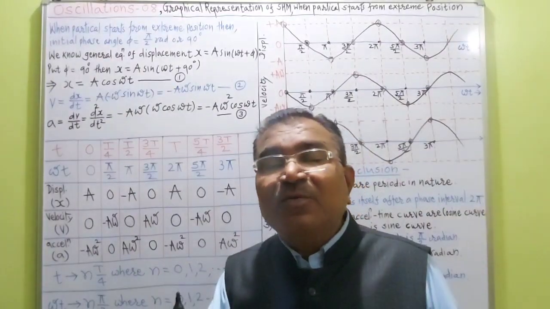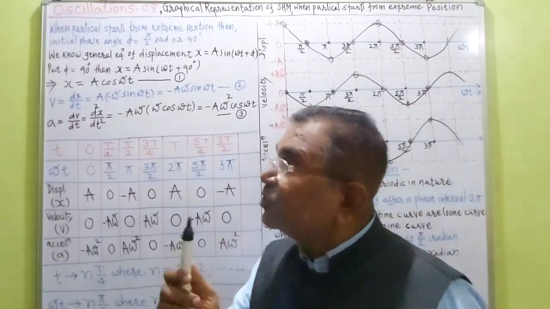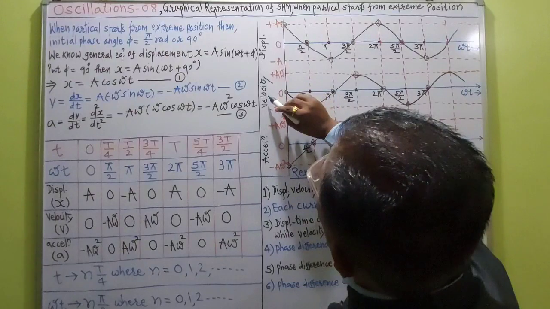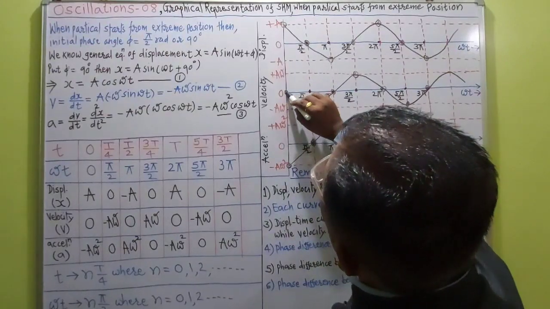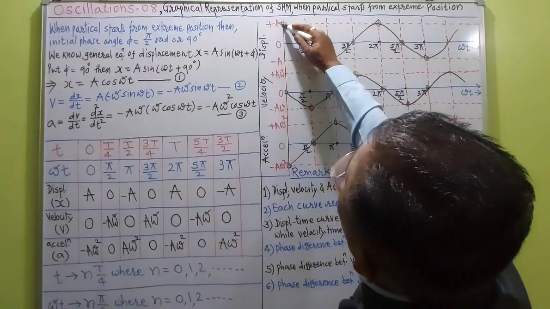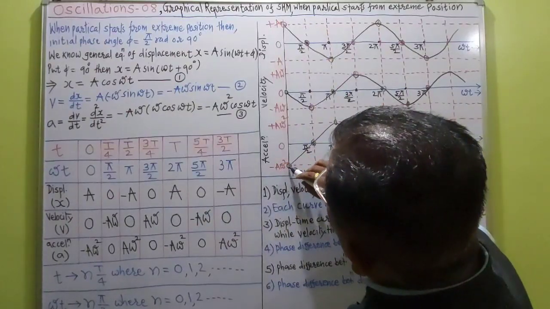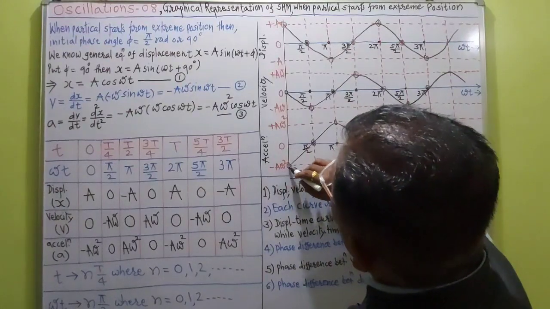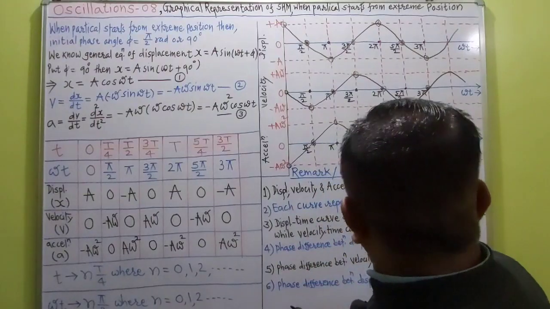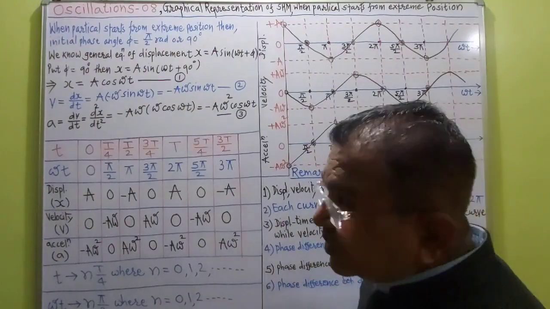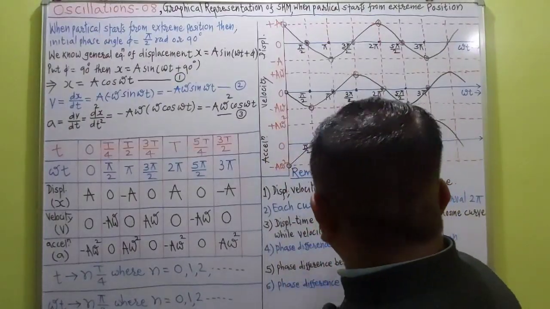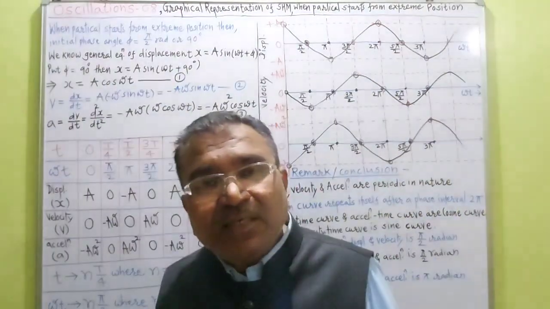And the curve which starts from mean position, only the velocity curve starts from mean position, from 0. So velocity time curve is a sine function, while displacement starts from extreme and acceleration also starts from negative extreme. So displacement time curve and acceleration time curve are cosine curves, while velocity curve is a sine curve. This is the third conclusion.